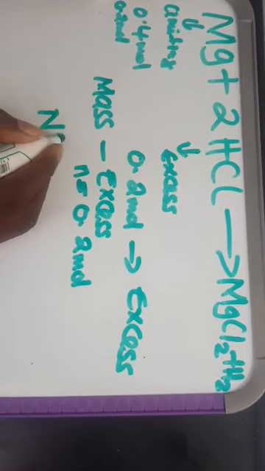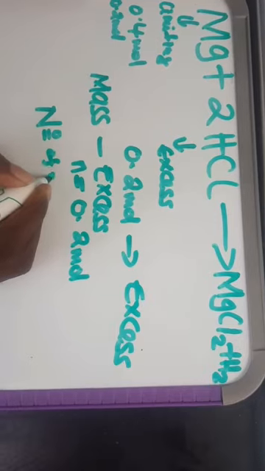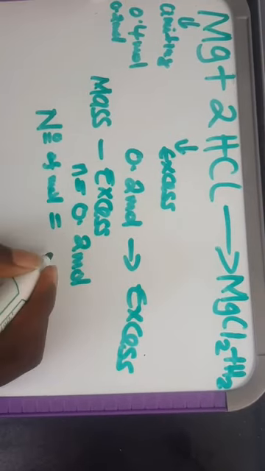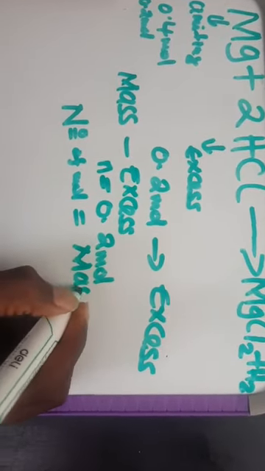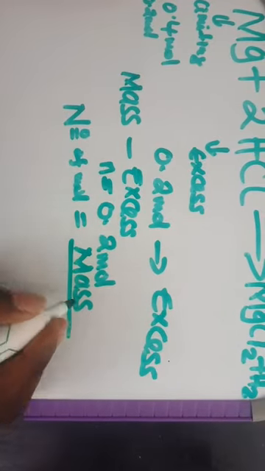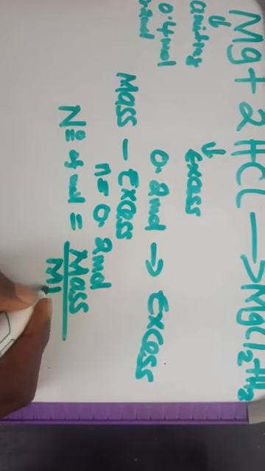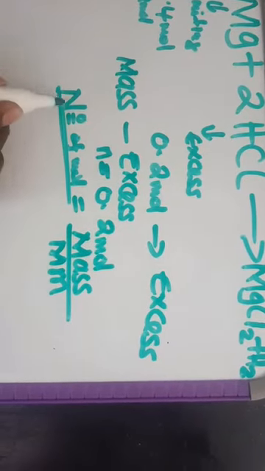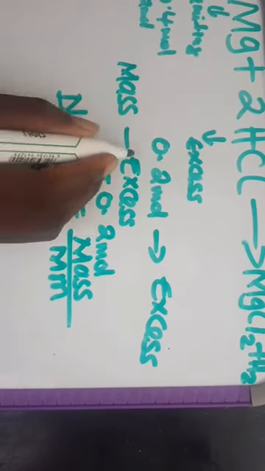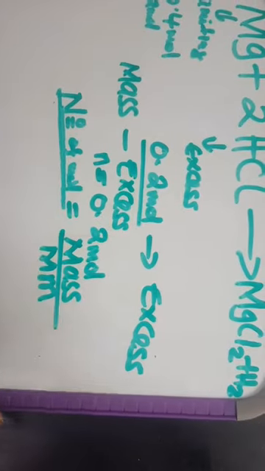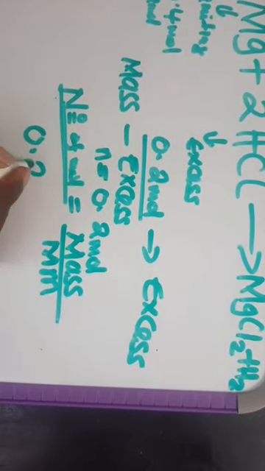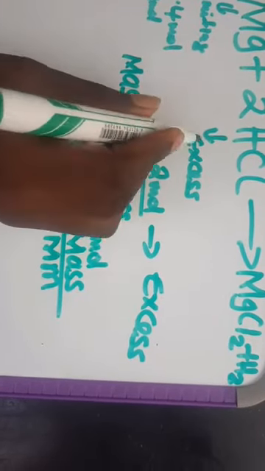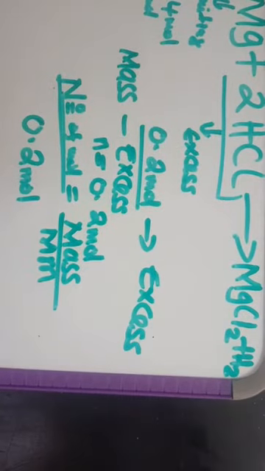number of moles is equal to the mass given over the molar mass. Okay, so how many moles are in excess? It has been shown that 0.2 moles of that substance which is in excess are in excess.